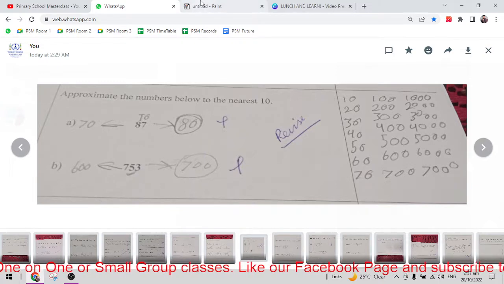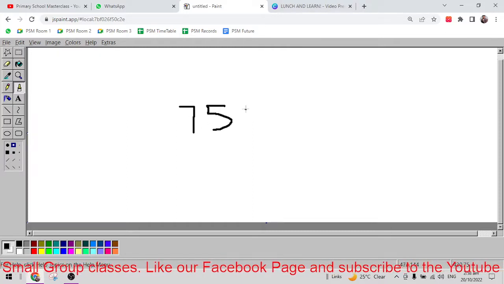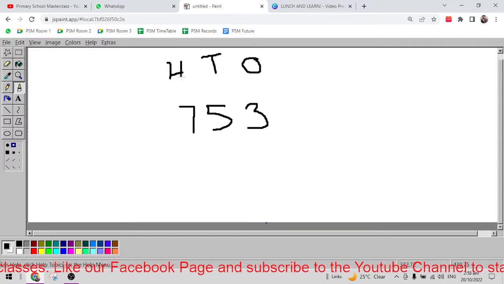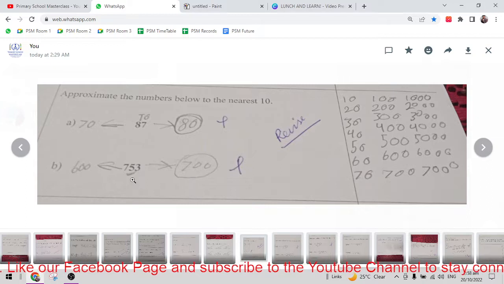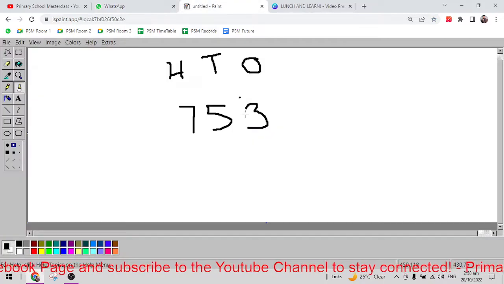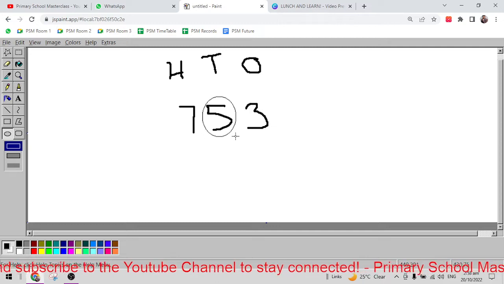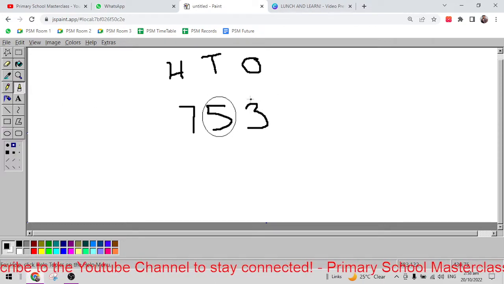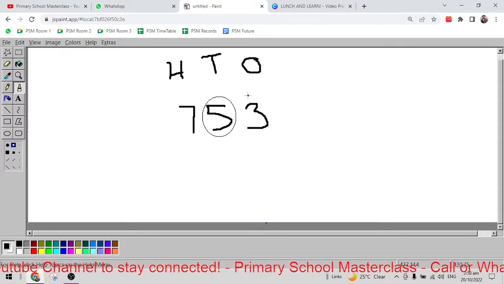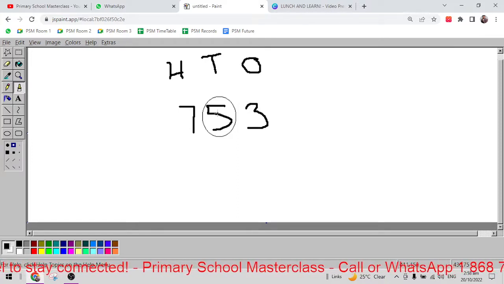Next one, 753. Let's do that one to the nearest 10. I have the ones, the tens, and the hundreds. They say approximate to the nearest 10, so the 5 is the place value in focus, and the number next to it is the 3. Is the 3 equal to or greater than 5? No. Therefore, I am not gonna touch the 5.